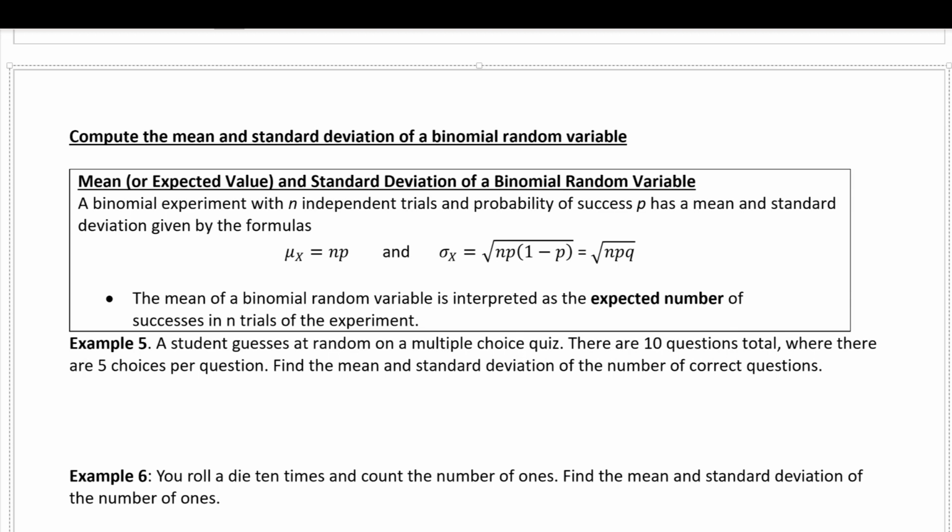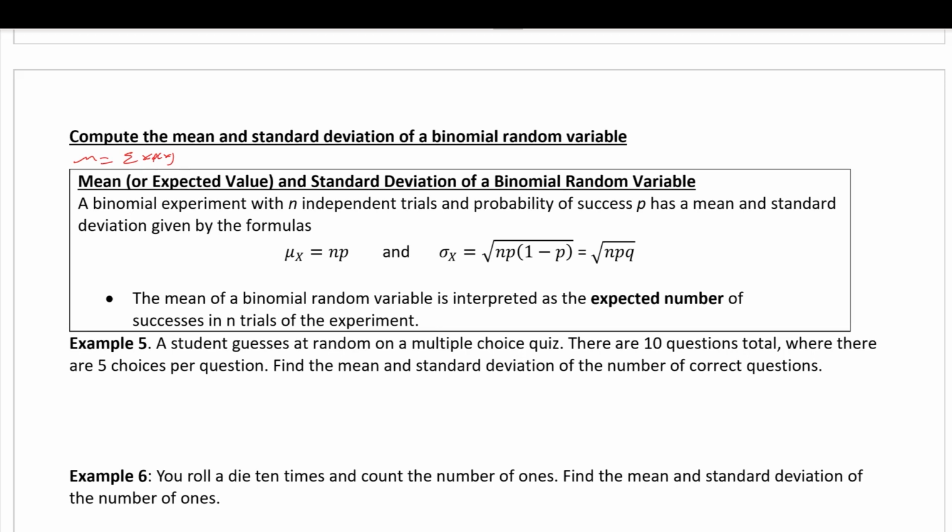Again, there's another advantage to knowing if a probability experiment is a binomial probability experiment, and that is computing the mean and the standard deviation. Because typically, to calculate the mean, it's the sum of x times probability of x, which we can do, right?